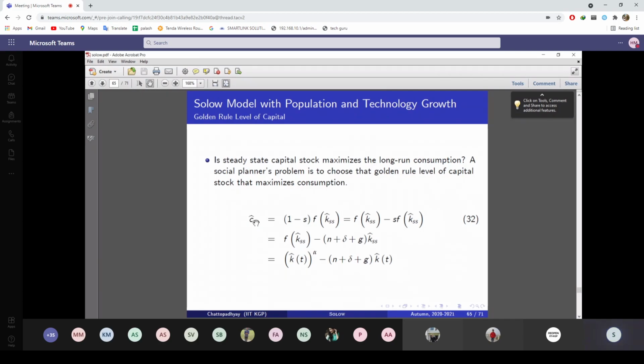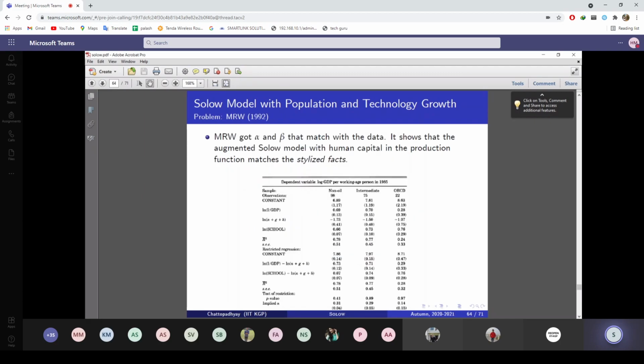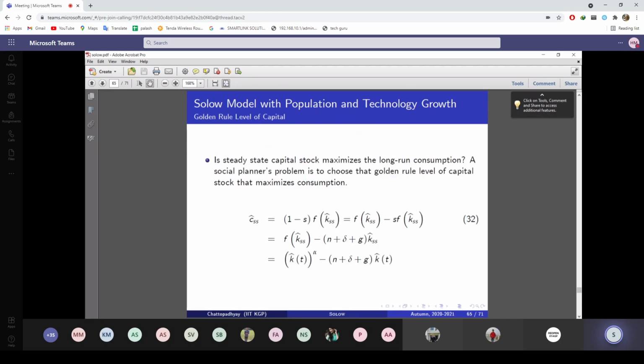This part is very important. It's called the golden rule level, and we will analyze that with the simple production function first. Then we will go to this human capital analysis after that.